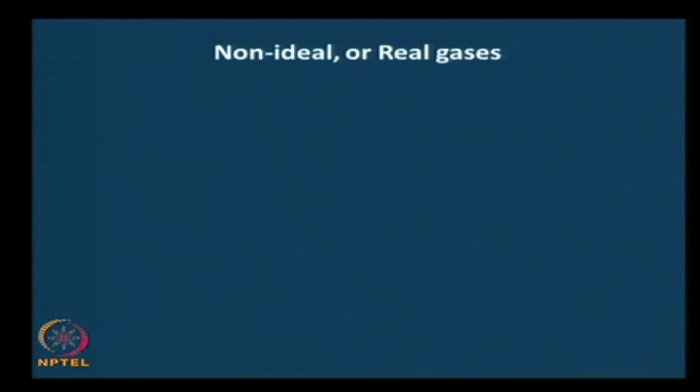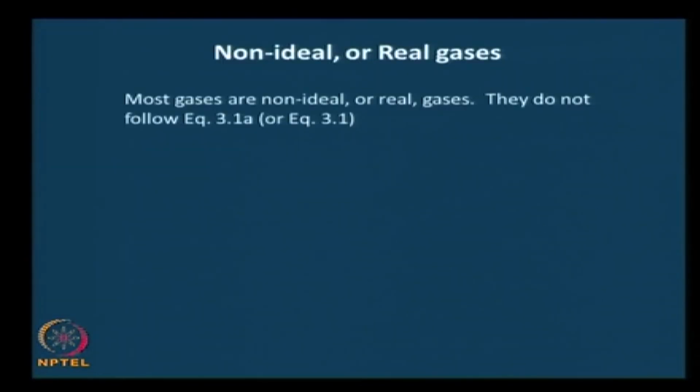Most gases are non-ideal, or they can also be called real gases. So what is the formulation that we could use effectively for real gases? As may be apparent, if it is a real gas, it is not going to follow the ideal gas equation.